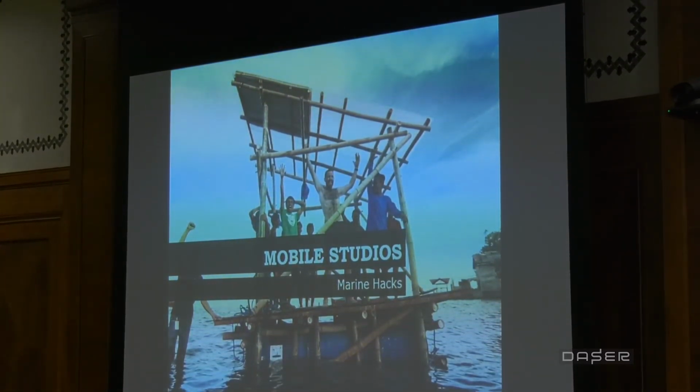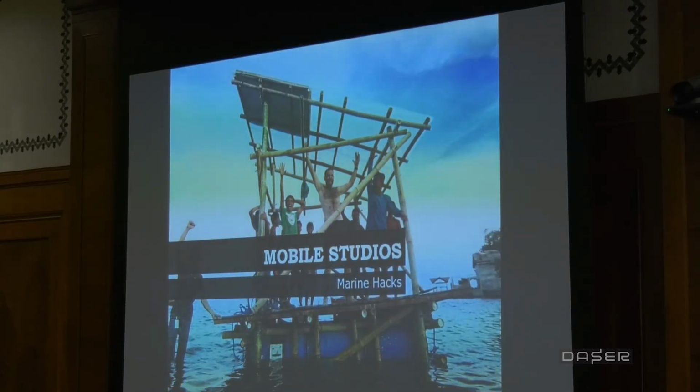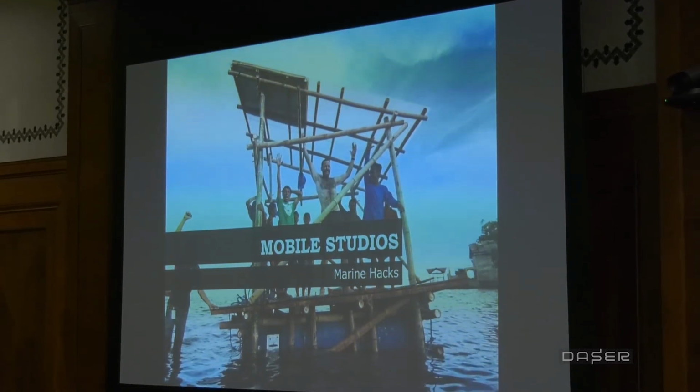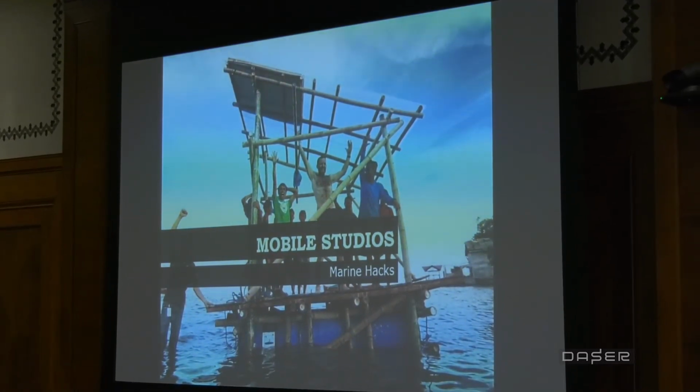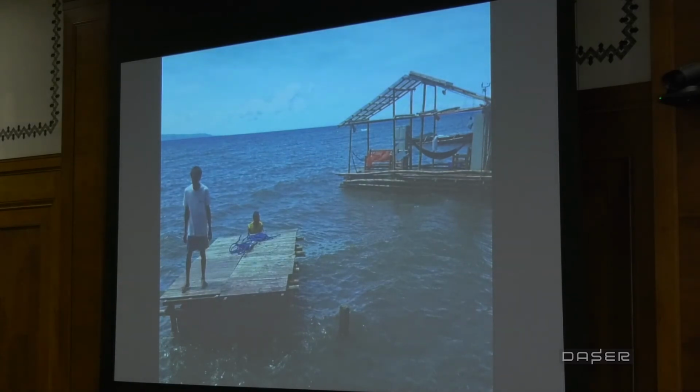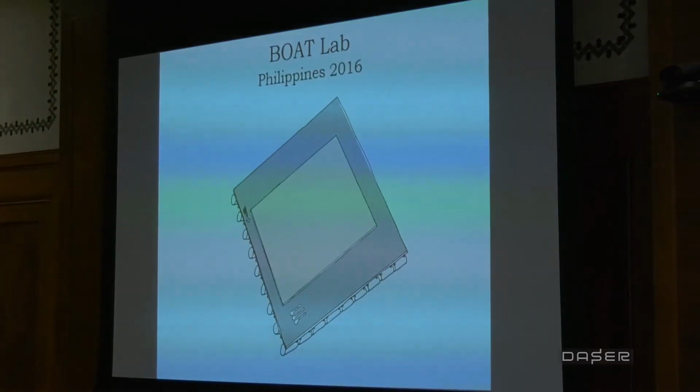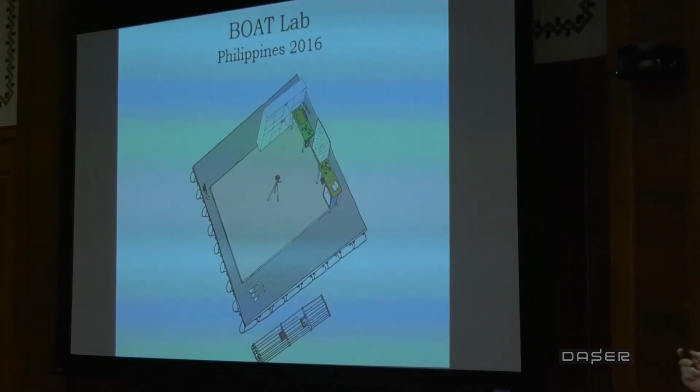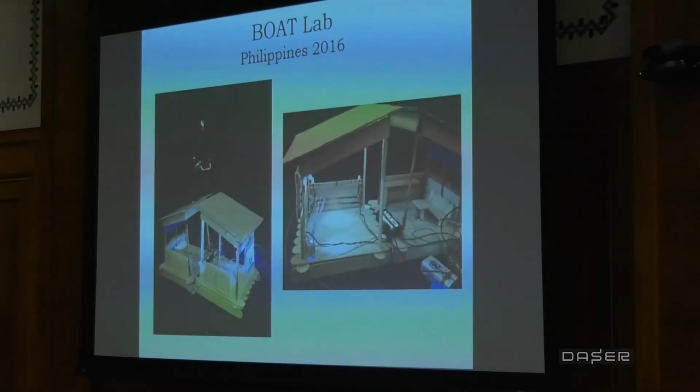Sometimes, though, despite our best efforts, your equipment or the places you go make it impossible to completely wear your own studio. So we're also looking at mobile studios, studios that travel along with you. So you can have your lab go along wherever you want it to go. So one example is the boat lab that I made in the Philippines last year.